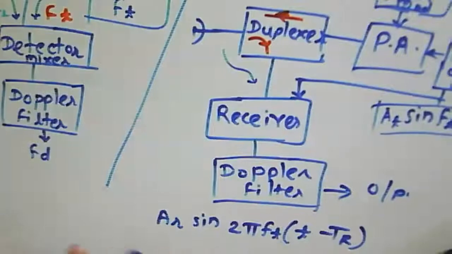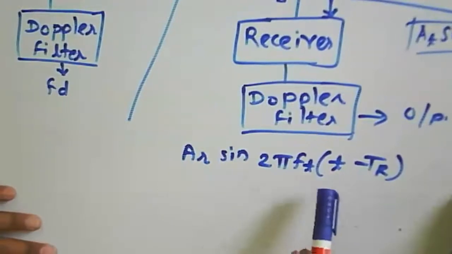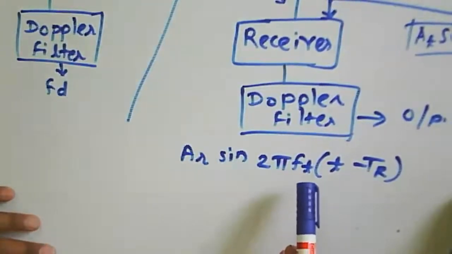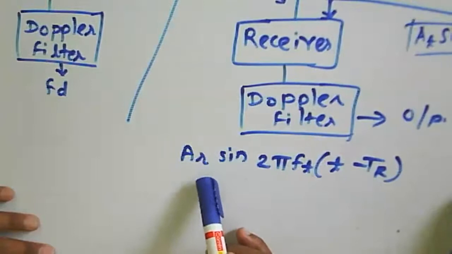Now what will be the received signal? The received signal is AR sine of 2 pi ft (t minus TR). This is the received signal at this particular point. AR is nothing but the amplitude of the received signal.